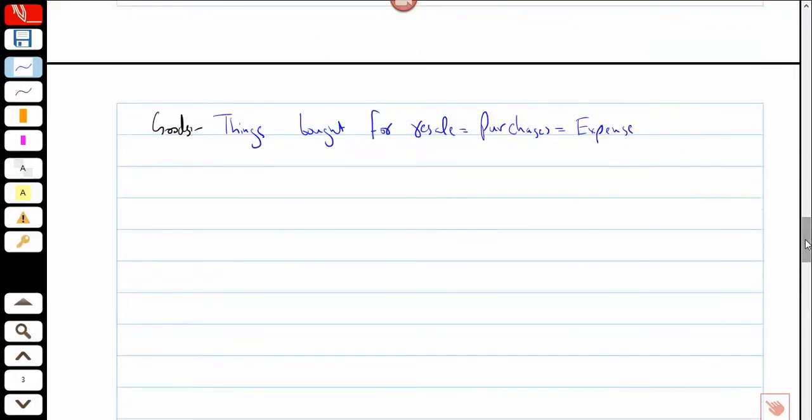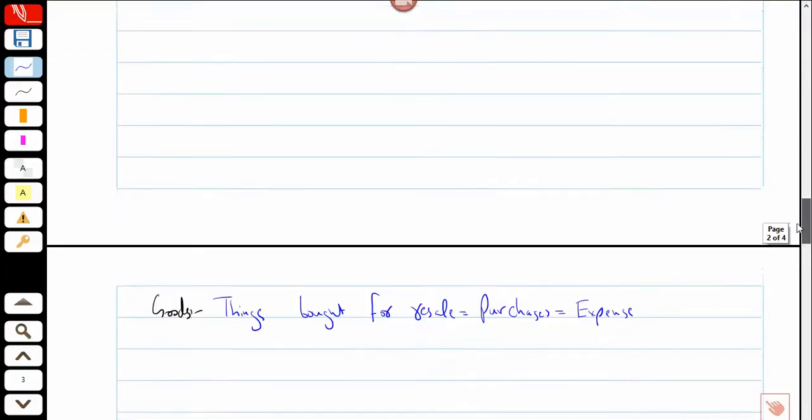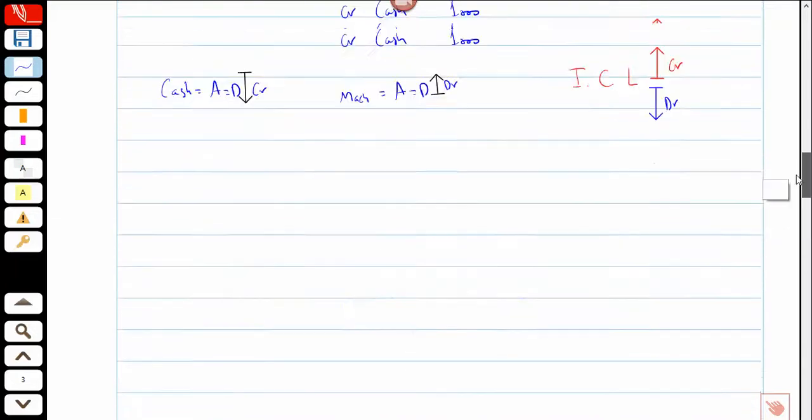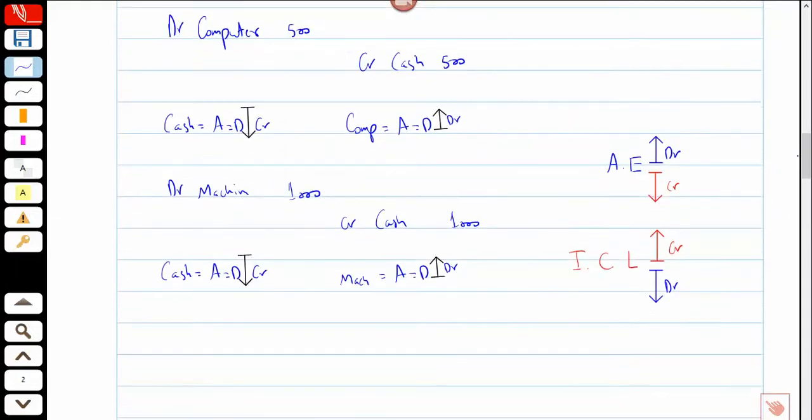This is a very strange rule which you will understand in the future. Whenever I'm speaking, listen; it is not important to write it down, like you already have this copy. So remember, this is a very strange rule: when you buy something for resale, it is an expense.